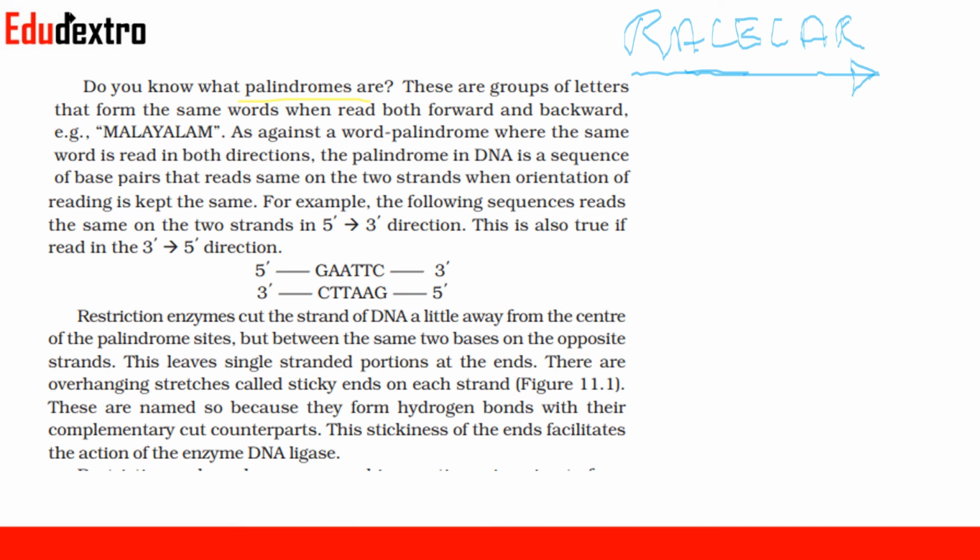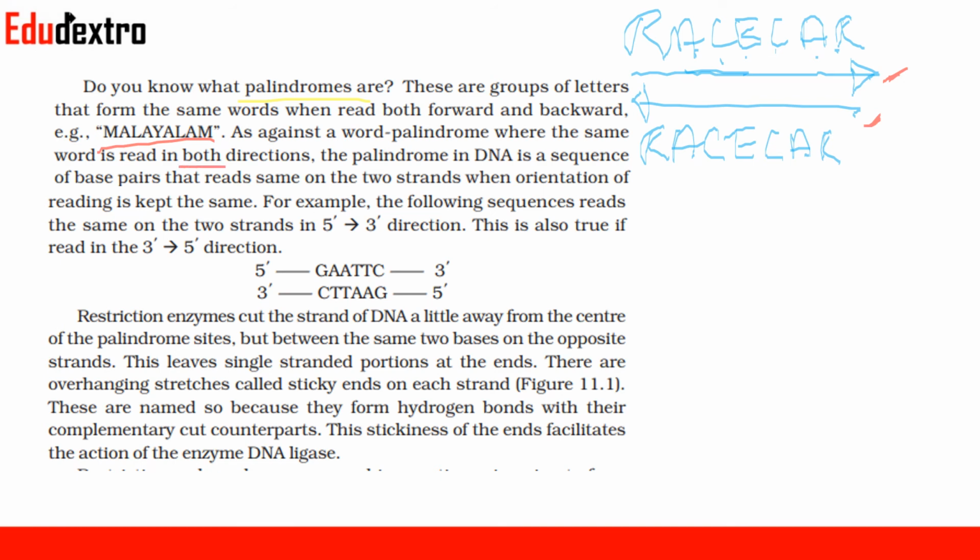If I write it again from right to left, starting from here: R, A, C, E, C, A, R. So if you read either from left to right or right to left, it remains the same. Similarly, you have another word, Malayalam. Try reading in the opposite direction, and it reads the same in both directions.